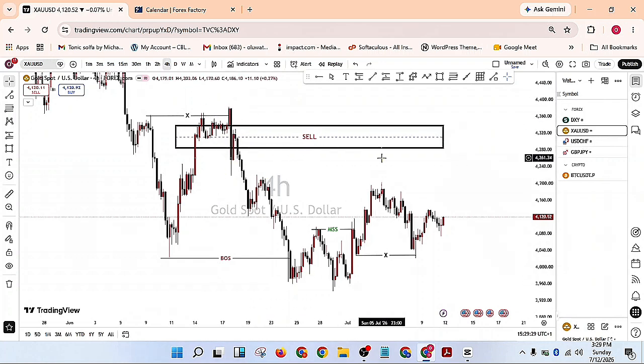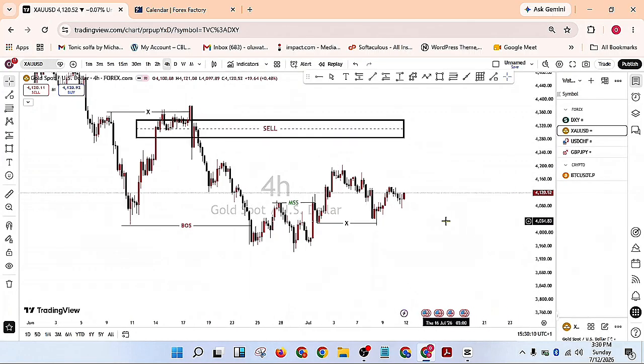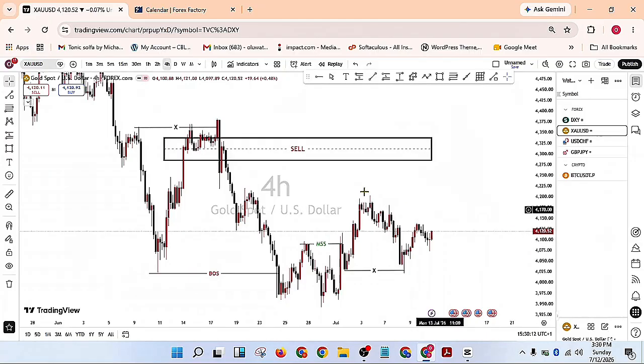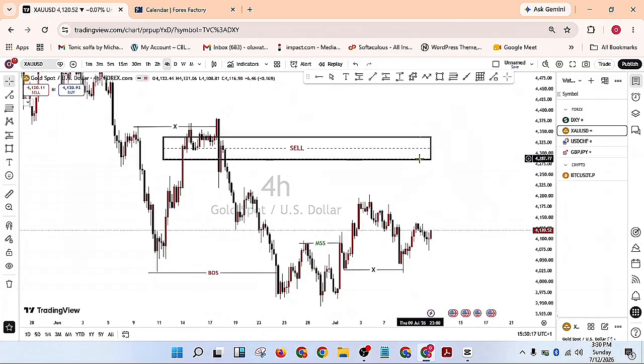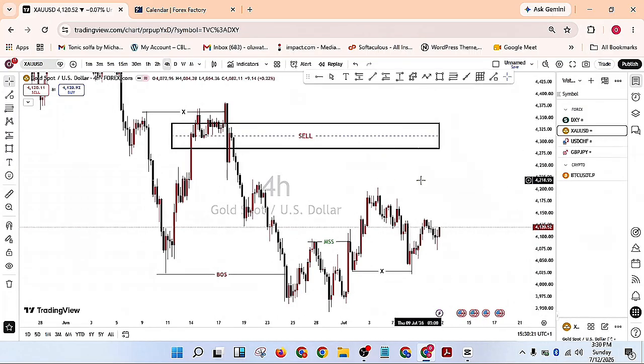So I can take my sell here without even waiting. Since it swept liquidity before breaking structure on 4 hours, if you are a swing trader, this place will be good for you to sell. Are you getting it? That's good. You just sell on gold.